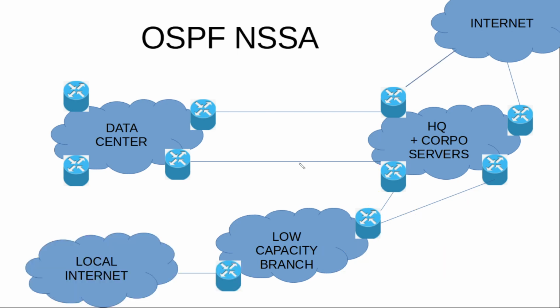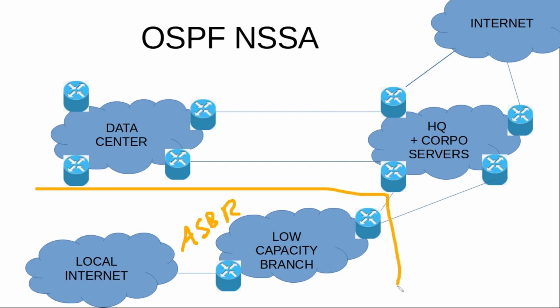Let's break the rules for STUB areas and permit this branch to have an autonomous system border router. So we are breaking the rule here for STUB areas, and then if we break the rule, this is going to be called a not so stubby area.